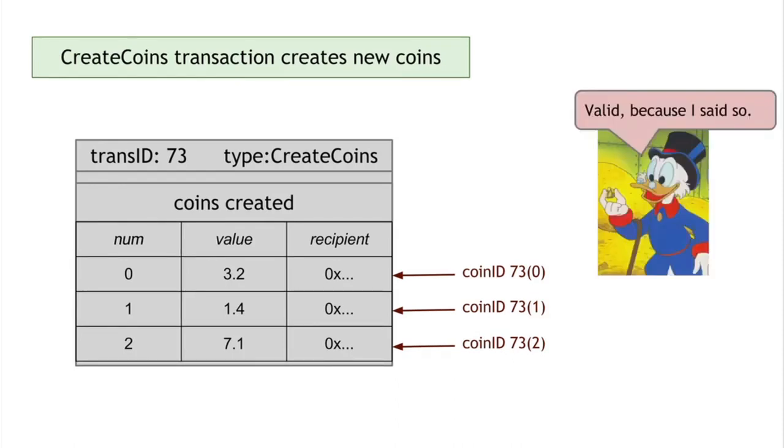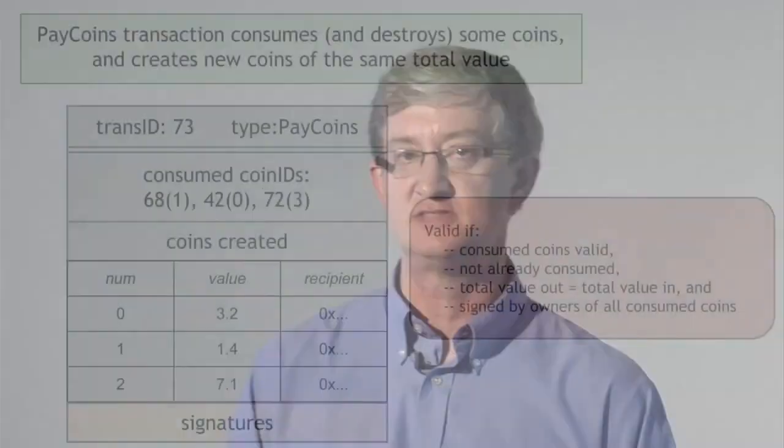Why is it valid? Well, because Scrooge said so, and they call it Scrooge Coin for a reason. If Scrooge puts this into the history which he signs, then it's valid by definition. We don't need to worry about whether Scrooge is entitled to create coins, just like we didn't need to worry in Goofy Coin about whether Goofy is entitled to create coins. The rules of the system, which were created by Scrooge, simply say that if Scrooge wants to make coins, then that's valid. So anything he puts into the history is valid.